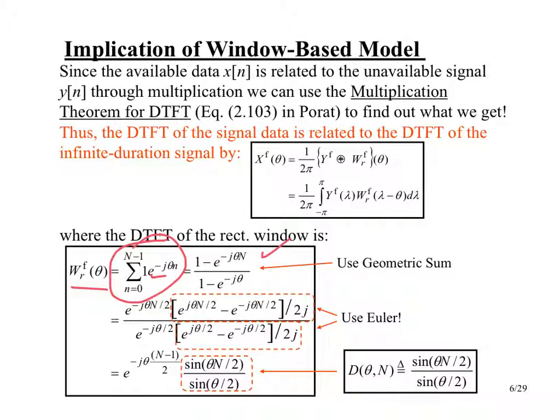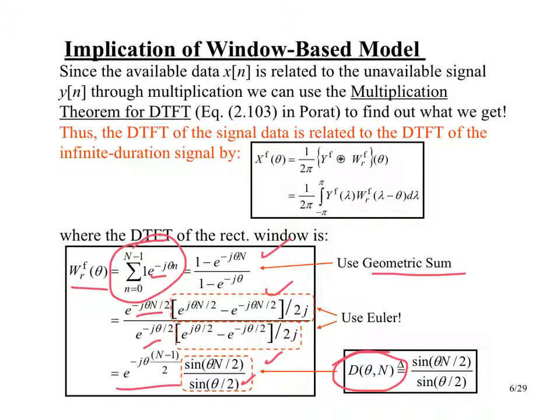We immediately get this result by taking advantage of the geometric sum. Then we do some algebra, and the purpose of pulling these things out in front is to get ourselves into an Euler's form, and we end up with this sine theta N over 2 over sine theta over 2. And Porat gives a name to that part of it.